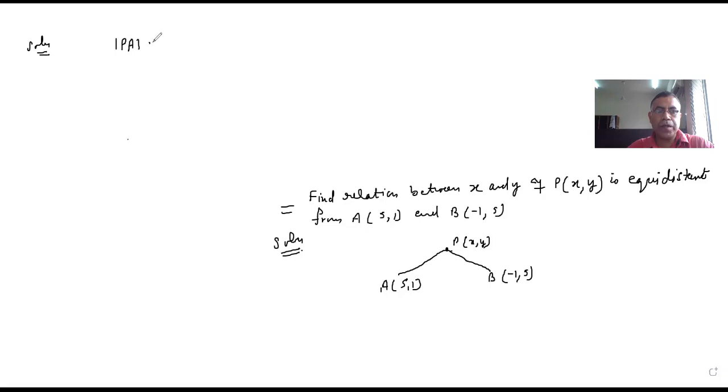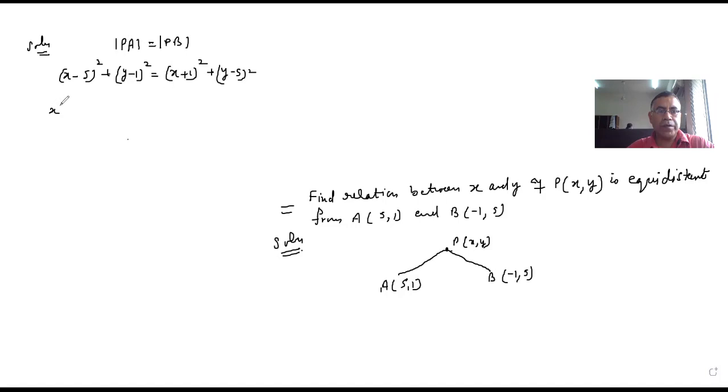The distance PA is equal to PB. Because P is equidistant from A and B, therefore (x minus 5) whole square plus (y minus 1) whole square must be equal to (x plus 1) whole square plus (y minus 5) whole square.